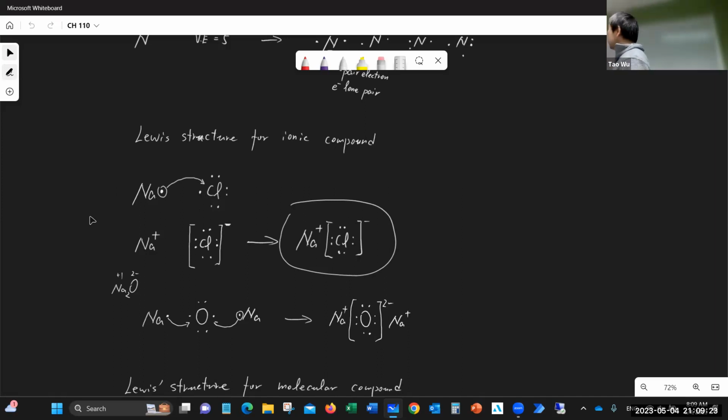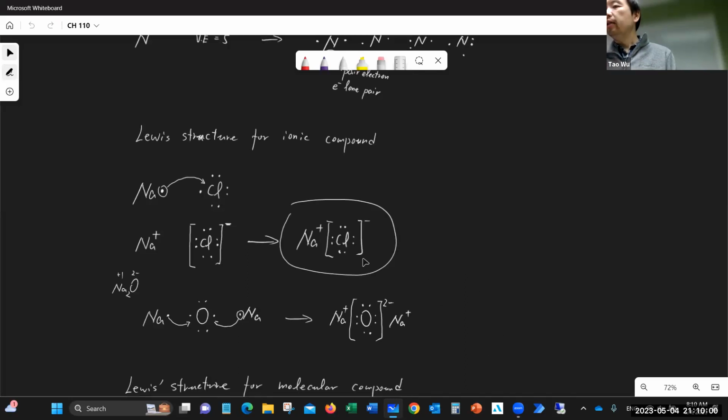The chlorine needs one more electron, and wants to gain one more electron to also become argon, the noble gas electron configuration. So chlorine gains one electron completely. That's why sodium becomes one positive charge and chlorine becomes one negative charge. Then the positive and negative charges attract each other, making bonds and making an ionic compound. This is how the ionic compound makes the bonds.